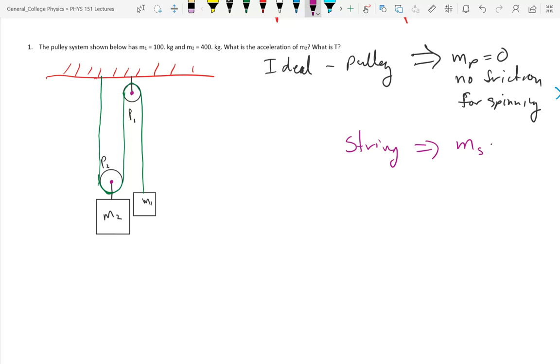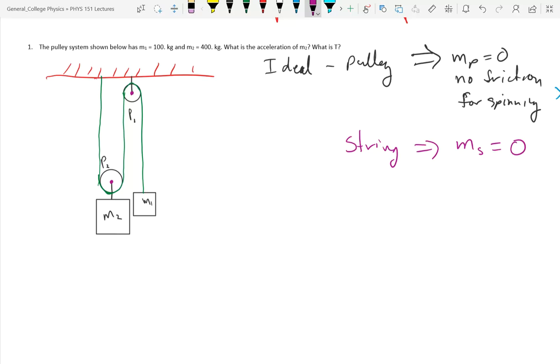The mass of the string equals 0. Sure, I have lots of string here. You know what the mass of this is not? 0. But it's an approximation we make. Is it reasonable? Usually it is, because the mass of the string is negligible compared to the mass of the stuff around it. Question? So will there be problems where the mass is not 0, would we add that?